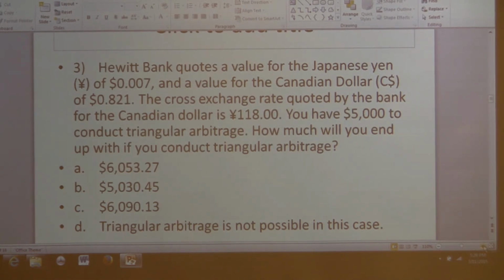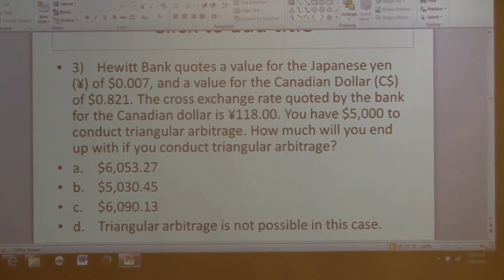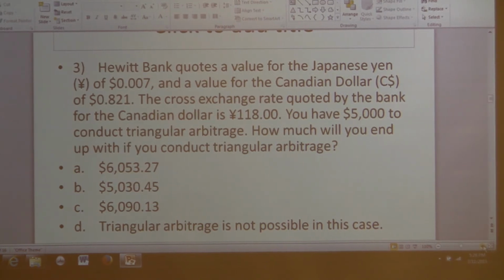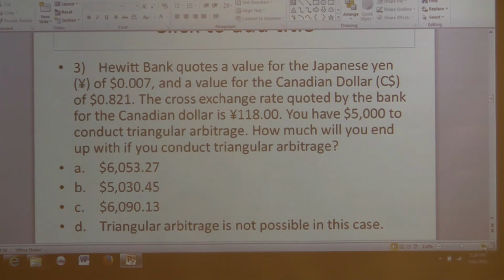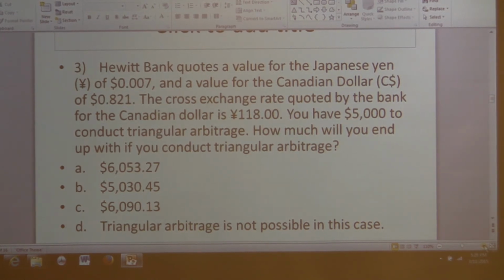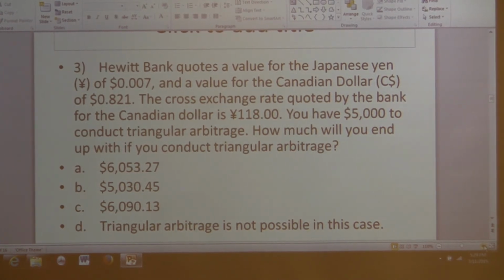So that gives you, what is it? 117.28, 17.85, okay, so that's what you get. Okay, so what we see is that the Canadian dollar is a little bit overvalued when compared with the Japanese.